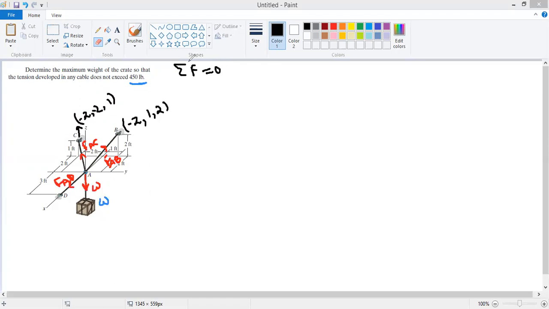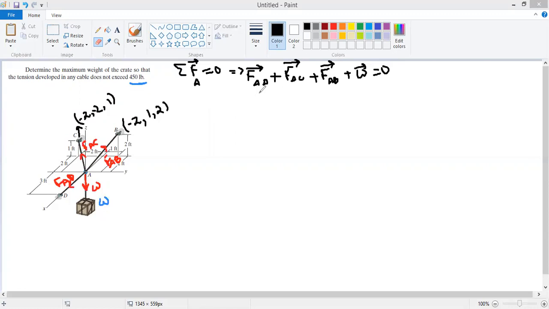The vector summation of all the forces should be equal to 0, and we are measuring this equilibrium at point A. So the summation of all forces at point A equals 0, which implies we have FAD, its vector summation with FAC, plus FAB, and this fourth force is W. Their vector summation should be equal to 0. This is the condition that we have in hand.